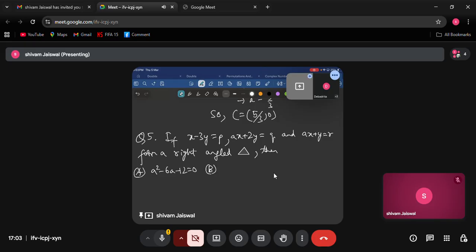Option B: a square minus 9a plus 12 equal to 0. Option C: a square minus 9a plus 18 equal to 0. Or option D: a square minus 6a minus 18 equal to 0.